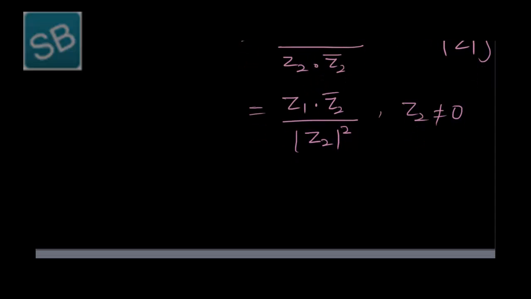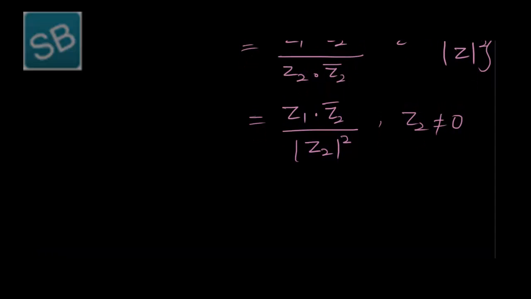So the next property, that is property number 7, is that the modulus of the product of two complex numbers is equal to the product of their moduli: mod of z1 into z2 is equal to modulus of z1 into modulus of z2.